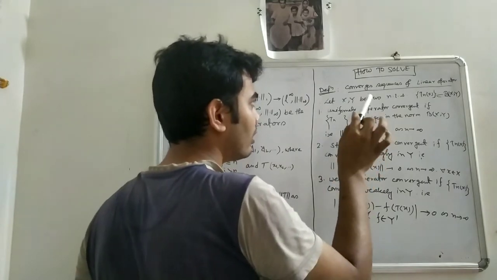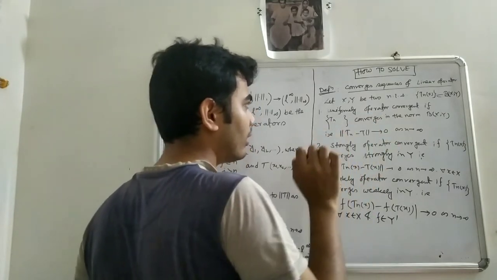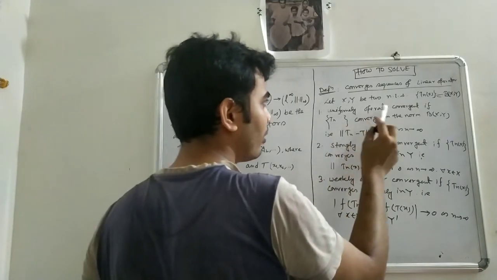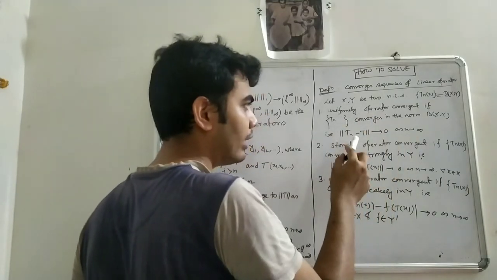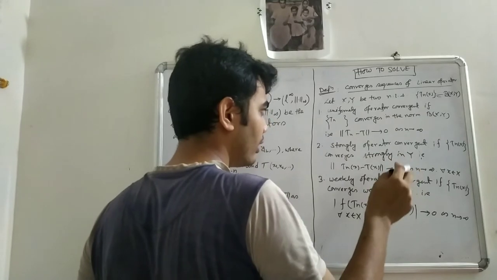So in general there are three types. First is uniformly operator convergent, if norm of T_n minus T tends to 0 as n tends to infinity.